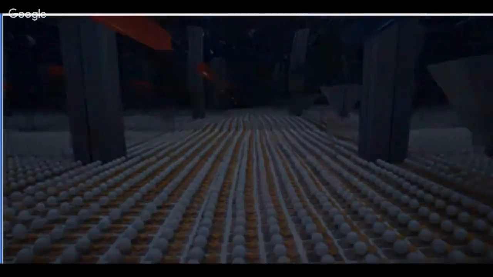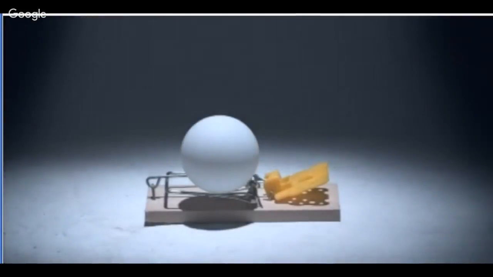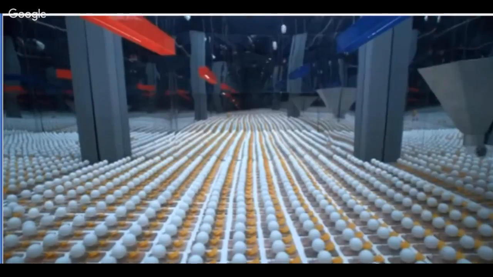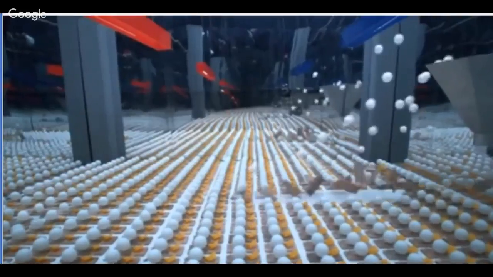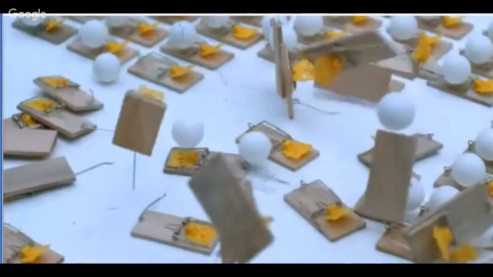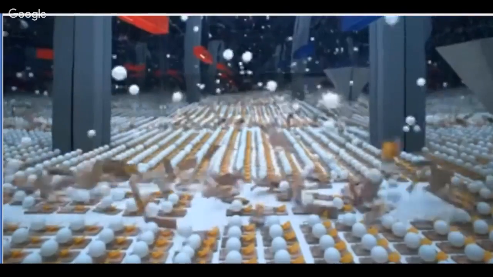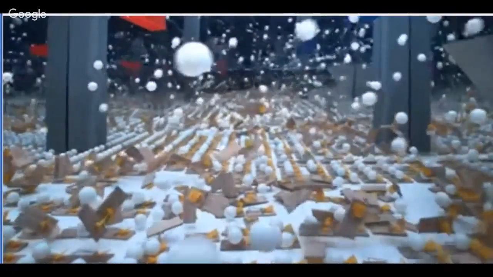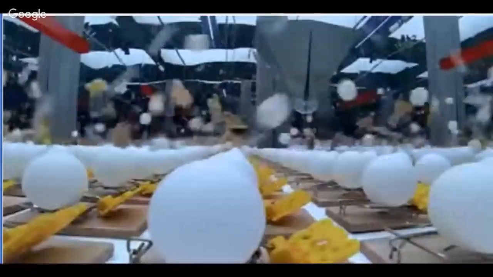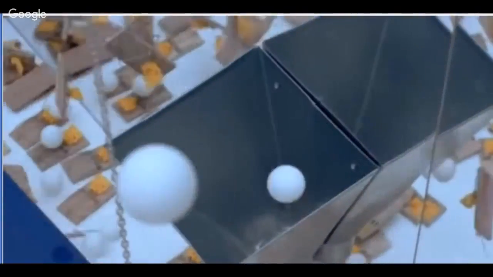Oh, wow, look at that. Well, this is not an organized system.